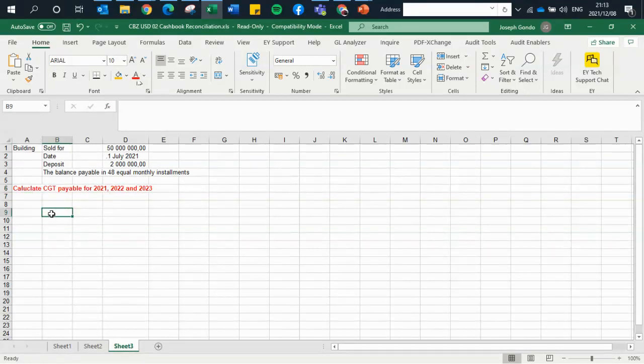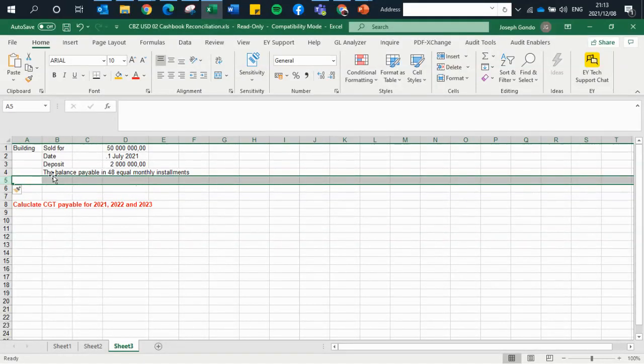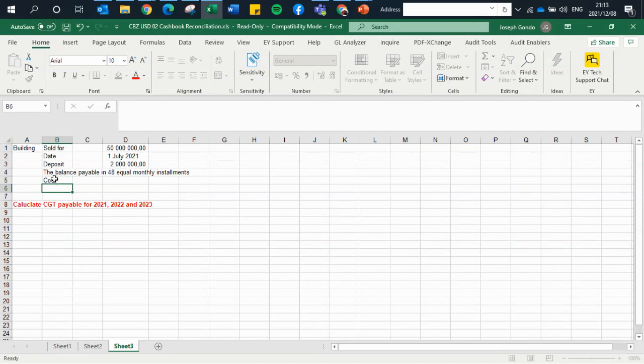Let's say the cost of the asset was 1 million. Improvements, 1 million again. It was acquired on 1 January 2020.